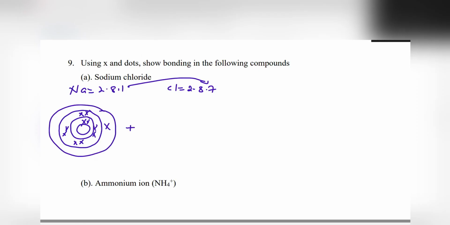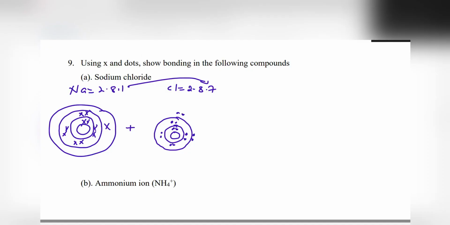This reacting with chlorine. Chlorine, we can draw the center. Then the first energy level has 2 electrons. The second one has 8. The third one has 7 electrons.